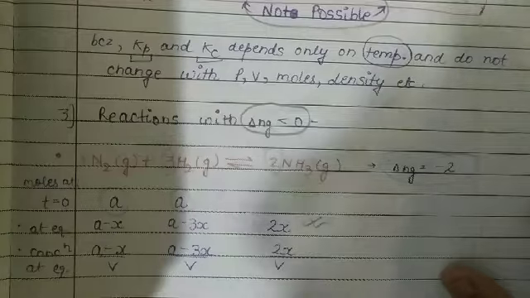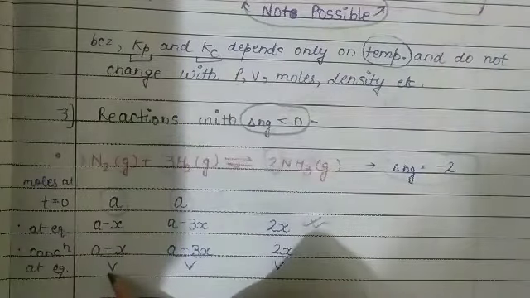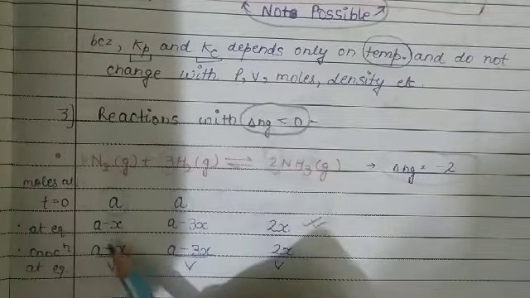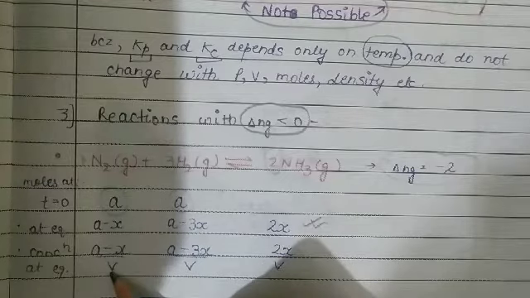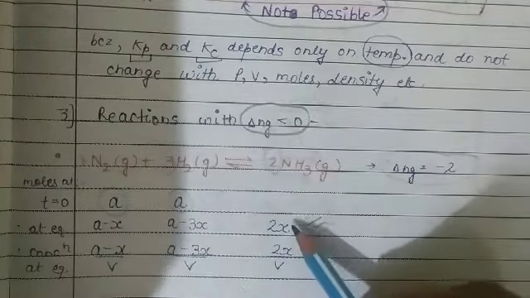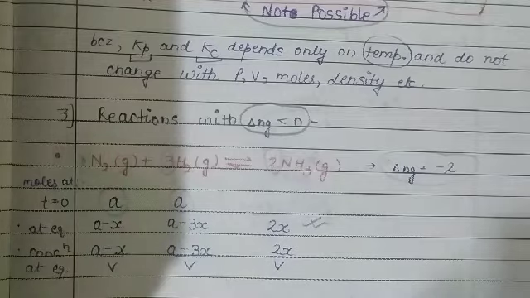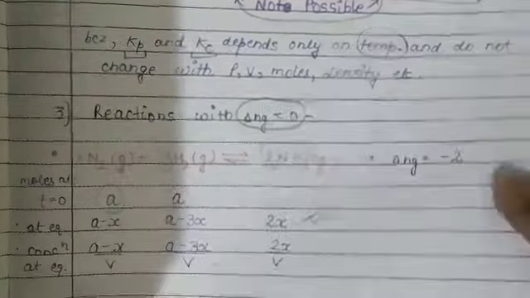As the reaction takes place in a container of volume V, the concentration will be number of moles per unit volume, so A minus X over V and so on. Now we have the concentrations at equilibrium.